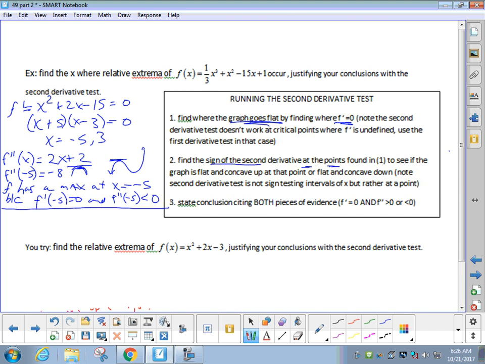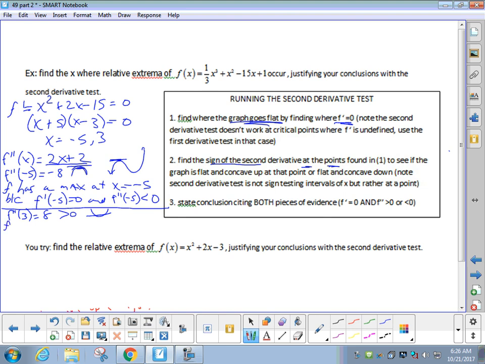Okay? And as far as the other critical number 3, f double prime at 3 is, here's f double prime, positive 8. Which surely, because that's positive, implies the curve is concave up, combined with the flat spot we got from the first derivative, means we have a min.